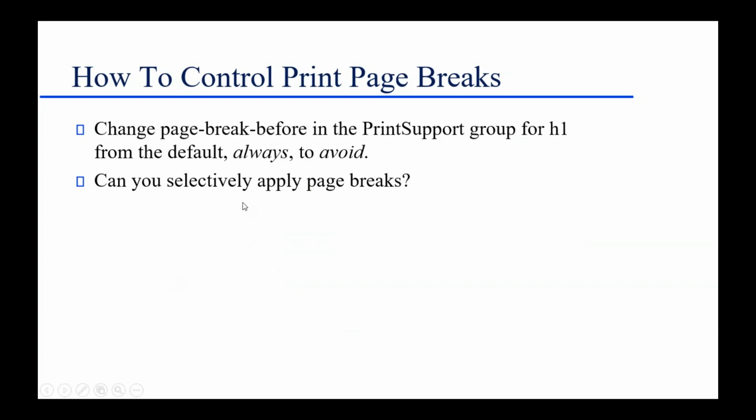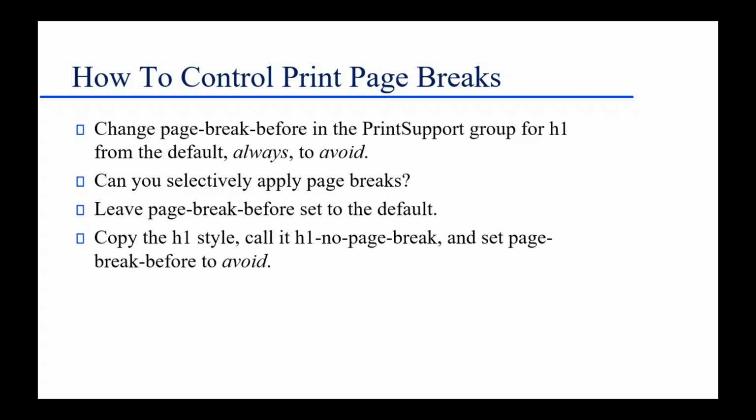So can I selectively apply page breaks? Well, yeah. And remember I said I was going to create a new style. I would leave the page break before option set to the default, which is always. But then I would copy the H1 style and give it a name like H1 no page break, and I set the page break before property to avoid.